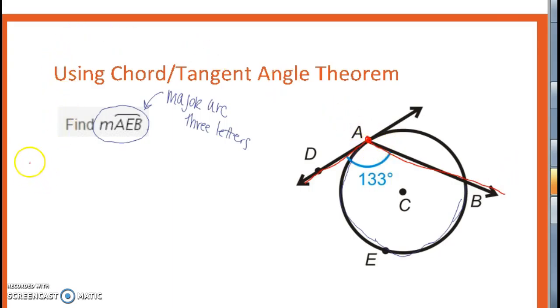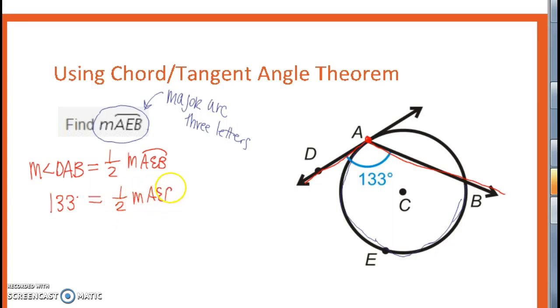So the measure of angle DAB is actually equal to 1/2 the measure of this entire arc right here, AE to B, using the chord tangent angle theorem. And so they tell us that this angle measures 133 degrees. So that is equal to 1/2 the arc measure that we're looking for.